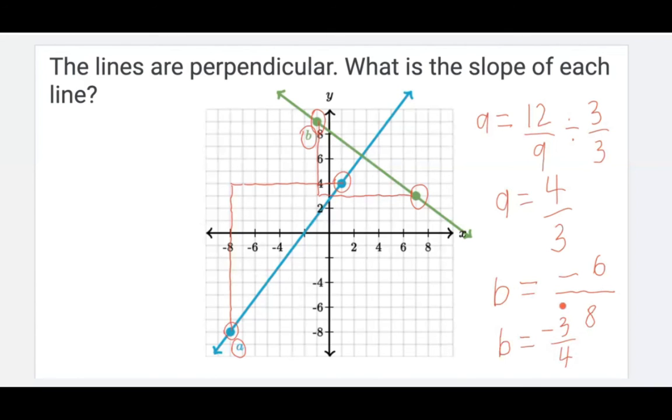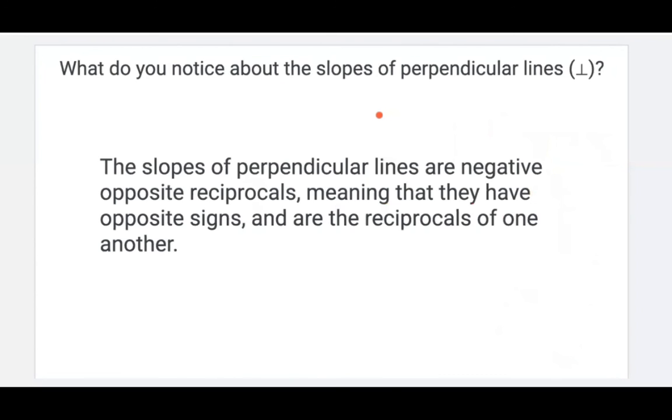My guess that our slope for B would have an opposite sign of negative and be the reciprocal of 4/3 was confirmed. Moving on to our next slide, what do you notice about these slopes of perpendicular lines? The relationship is that they are negative opposite reciprocals, meaning that they have opposite signs and are the reciprocals of one another.